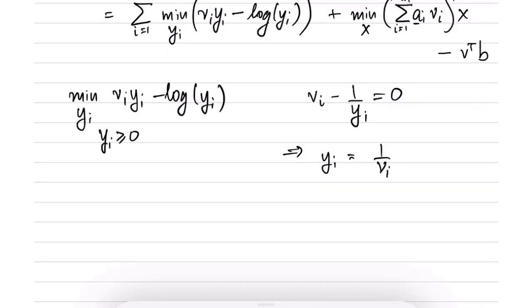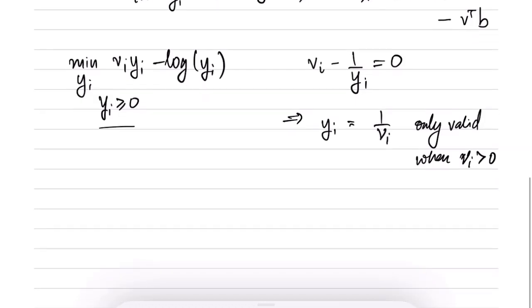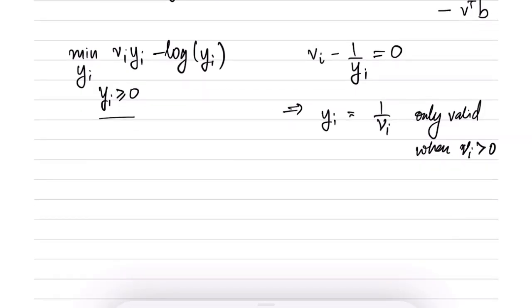But yi equal to 1 by nu i is not always valid. In fact, it is only valid because of the implicit constraint. It is only valid when nu i is greater than 0. So when nu i is greater than 0, then the minimum of this objective is indeed attained at yi equal to 1 by nu i. However, if nu i is negative, then this is not the case.